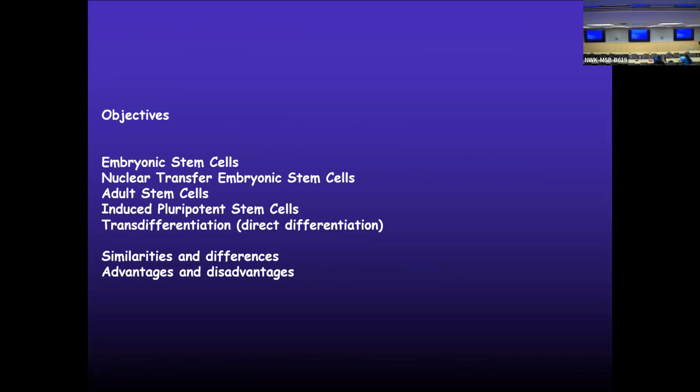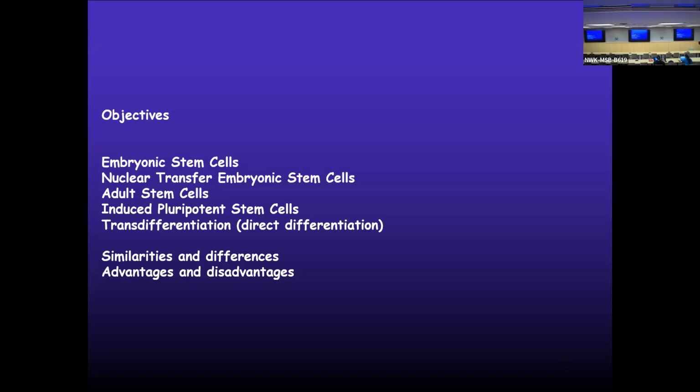And these are the objectives of today's talk on stem cells. We are going to go through the embryonic stem cells first, and with emphasis in how do we obtain these cells from an embryo, okay? And what are the consequences of sacrificing an embryo? Nuclear transfer embryonic stem cells. These are embryonic stem cells, but they match the immunological profile of the individual. So they are patient-specific embryonic stem cells.